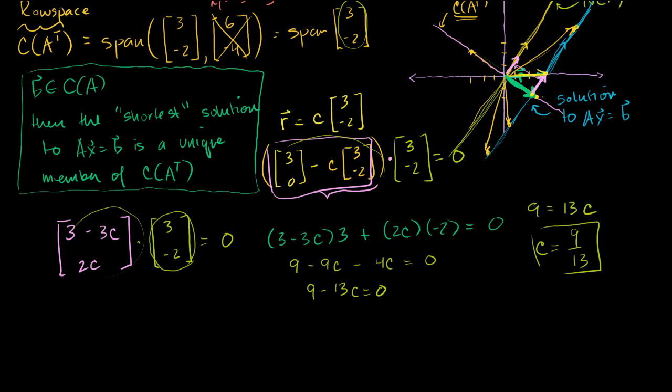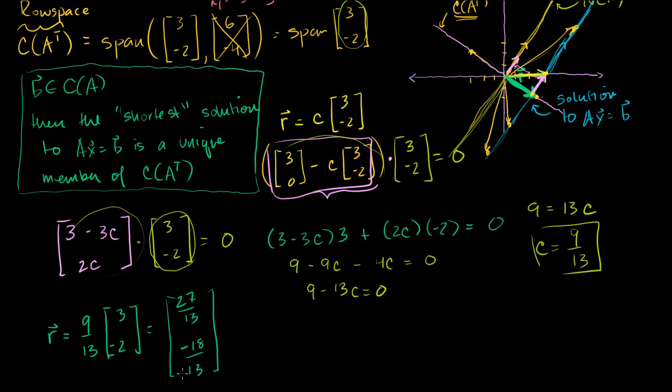So our special vector r, the unique shortest solution to the equation Ax is equal to b, is 9 over 5 times our basis vector, 3, minus 2. Or we could write that as 27 over 5, right? And then we have 3 times 9, and then 2 times 9 is minus 18 over 5.